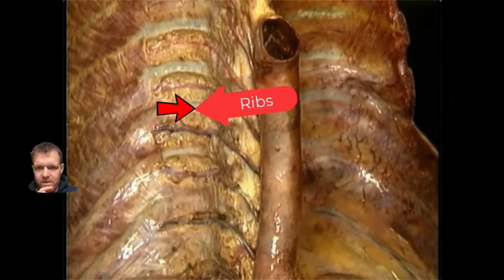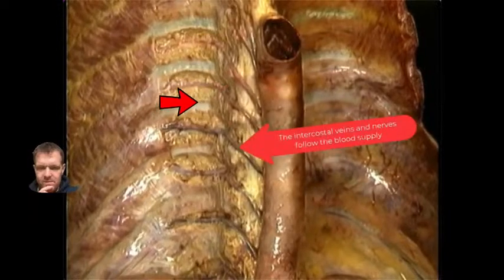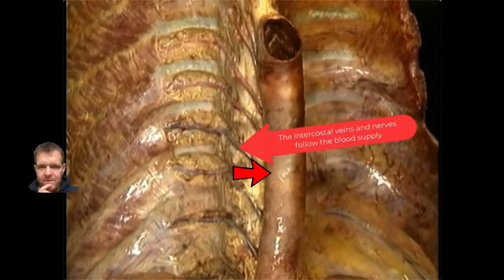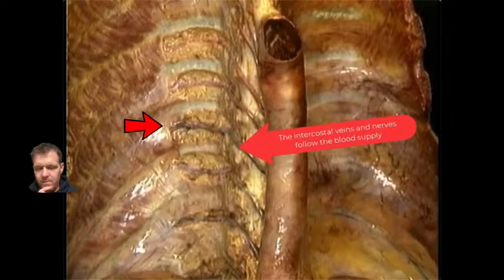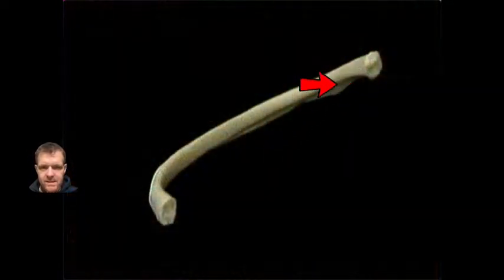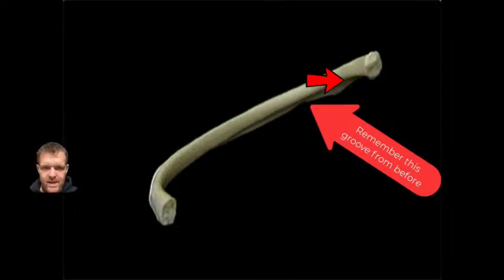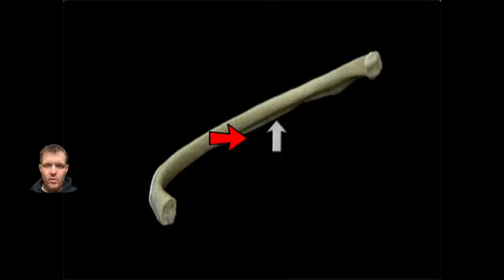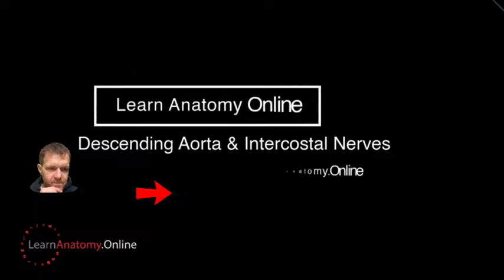So these are the ribs, and then you've got the intercostal muscles in between. And the veins and the nerves will also follow the blood supply. So when we have a look at those in a second, that ridge there, that's where the intercostal nerves will track along, and we saw that when we looked at the ribs. Okay, so that's the descending aorta.